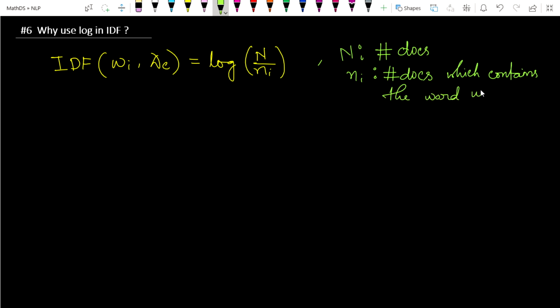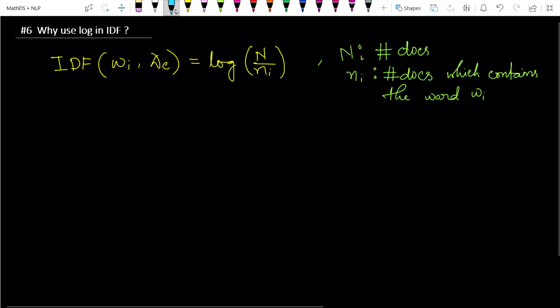We have already seen this formula, how to build it and what its importance is. So actually this IDF gives importance to those words which are rare, meaning which occur less in our whole document. That is the meaning of this. We have seen these things.